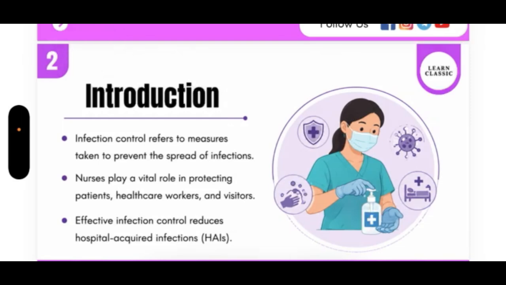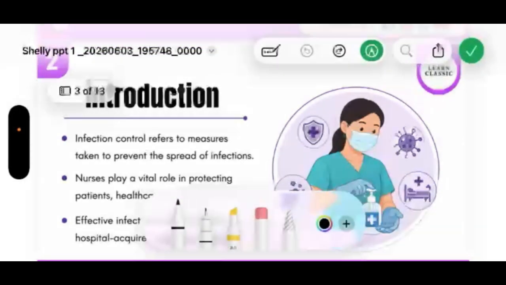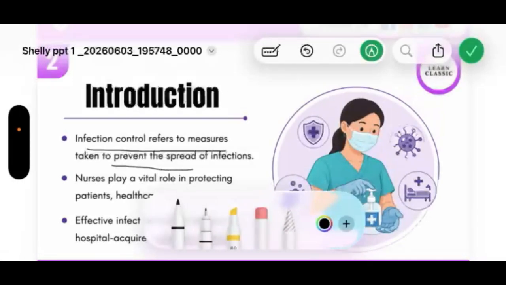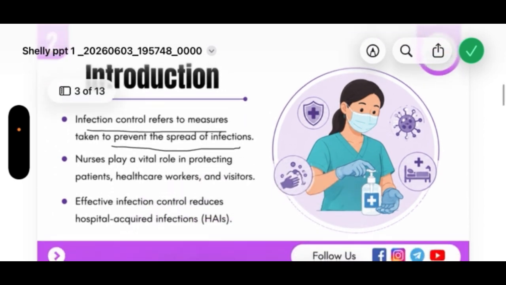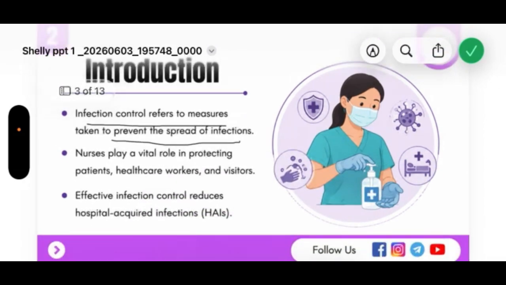So, infection control refers to measures taken to prevent the spread of infection. It is the nursing officer's main role to prevent the spread of infection from one person to another. Nurses play a vital role in protecting patients, healthcare workers and visitors.